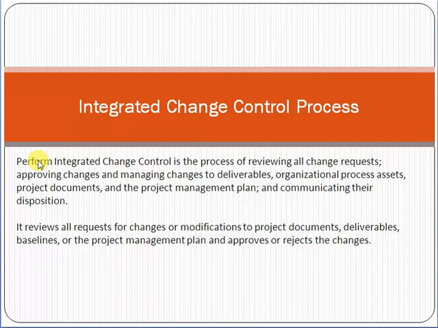If you are going to implement the same change, so that the user can compare the product with other products as well, that change, for example, requires 5 days of additional time and $1,000 more cost. So we have to make a change request form, and this change request form needs to be approved by the change control board.